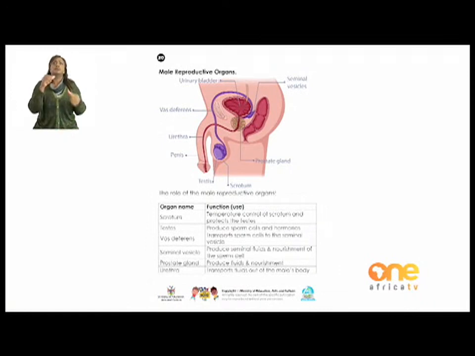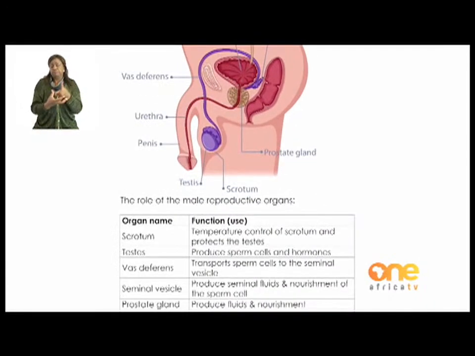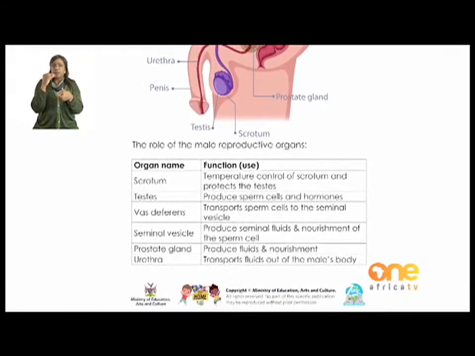Remember I said we start all the way from the bottom, which is at the scrotum, and inside the scrotum we have the testis, and from the testis there is a tube connecting there called the vas deferens, and from the vas deferens we have a structure referred to as the seminal vessel, and from the seminal vessel we go into a structure known as the prostate gland, and from the prostate gland we have the urethra, which is in-housed by the penis. Please do not get confused with the urinary bladder. It is not part of the reproductive system.